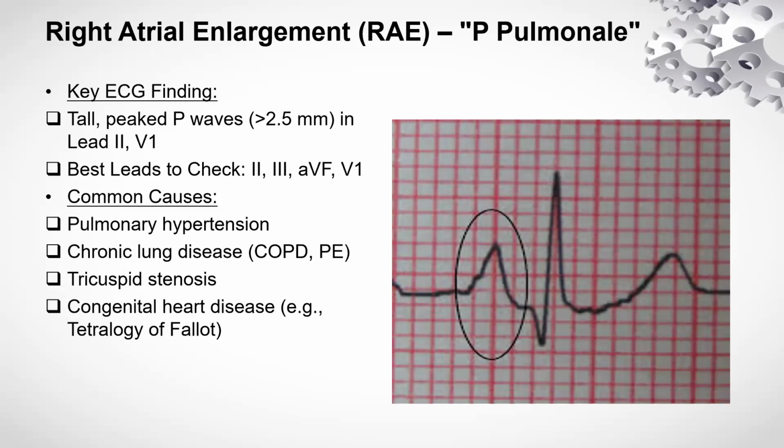So you see P pulmonale here. Tall peaked P waves refer to right atrial enlargement. Like I mentioned, common causes are pulmonary hypertension, pulmonary embolism, COPD patients, and tetralogy of Fallot, who usually have tall peaked P waves.